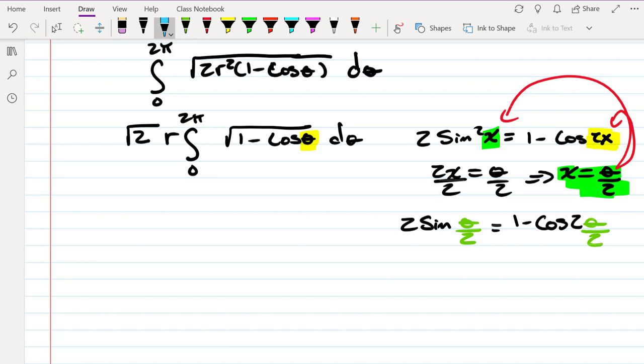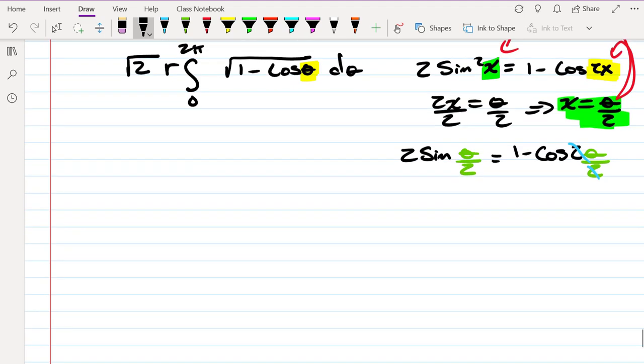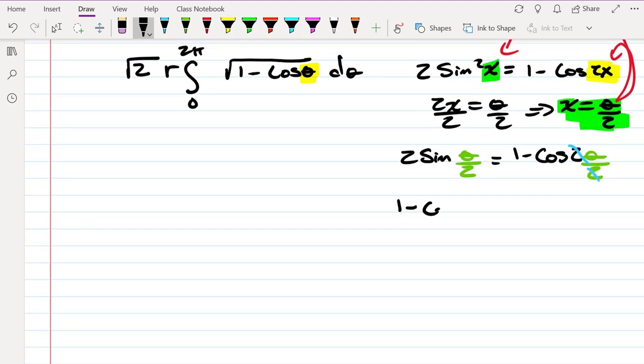So then these two guys reduce out. So finally, we get 1 minus the cosine of theta is equal to 2 times the sine squared of theta over 2, and I'm missing my square.